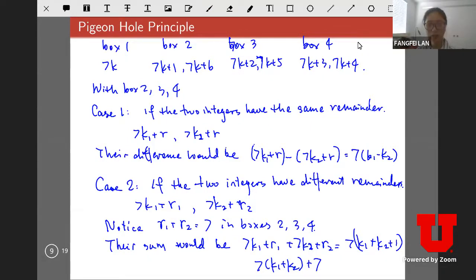So I think in a quiz, it will probably be safer if you actually argue in box 2, this happens, in box 3, so you list the 2 cases for each box. But I don't think this would be wrong if you argue them together because they are very similar.